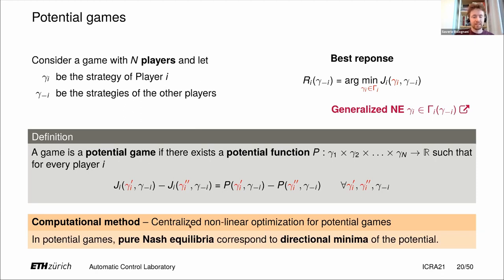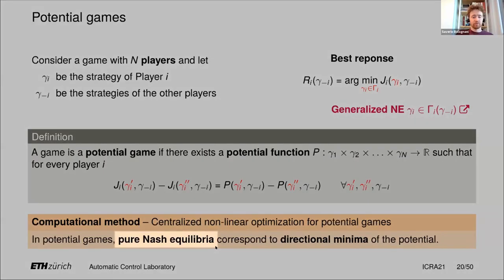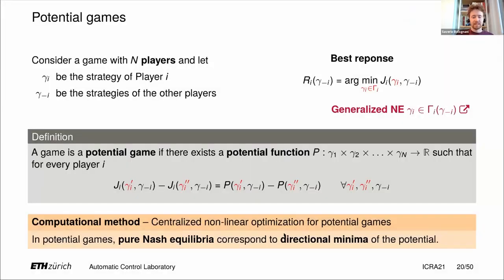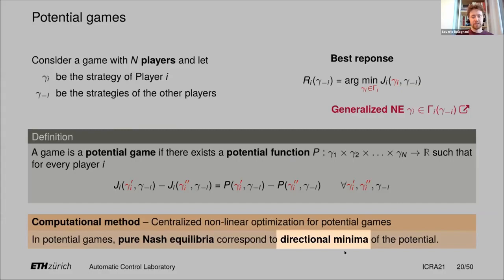And there are two useful results here. The first one is that we know we have to look for pure Nash equilibrium. There might be a mixed Nash equilibrium, but we know pure Nash equilibrium exists, and there are good reasons and good applications where pure Nash equilibria are preferable. The second important aspect is that the directional minima are an optimization problem, not a fixed point problem.